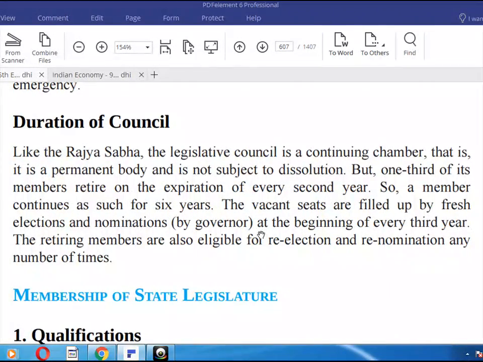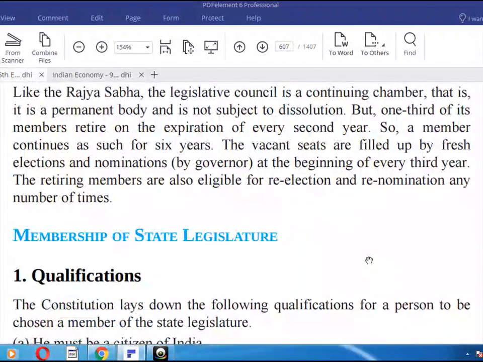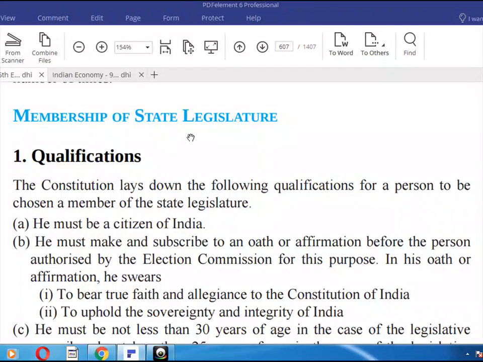The vacant seats are filled by fresh elections and nominations by the governor at the beginning of every third year. Retiring members are also eligible for re-election and re-nomination any number of times.